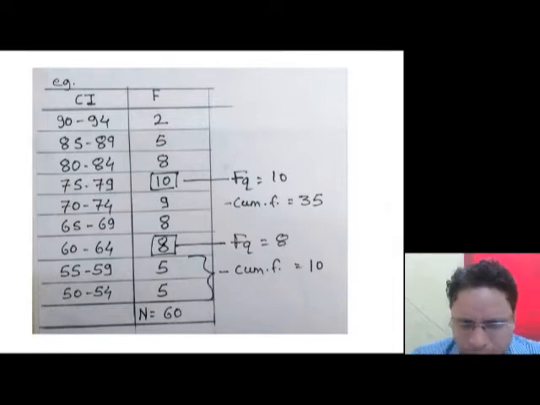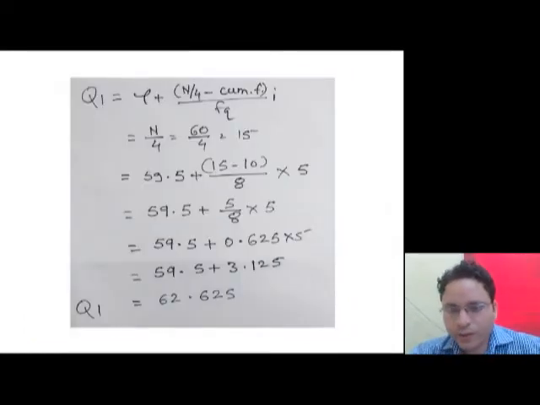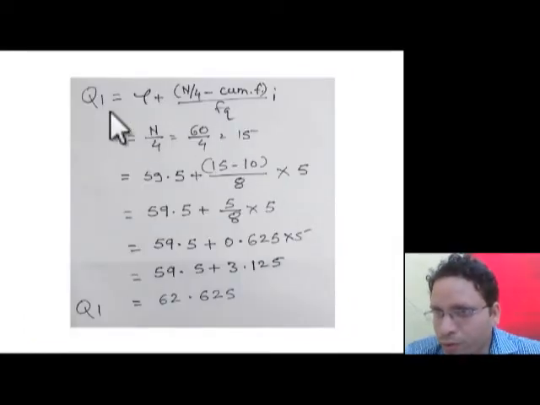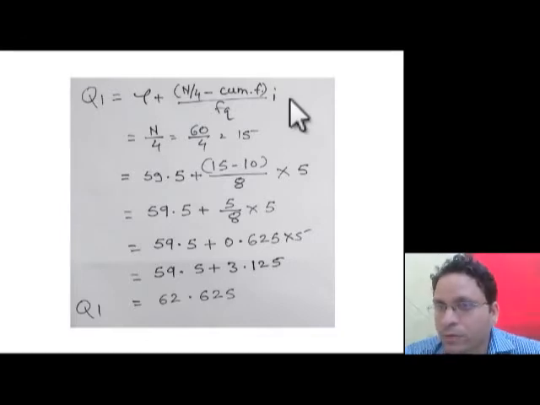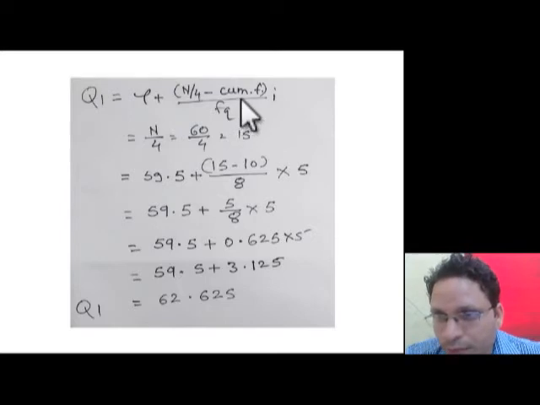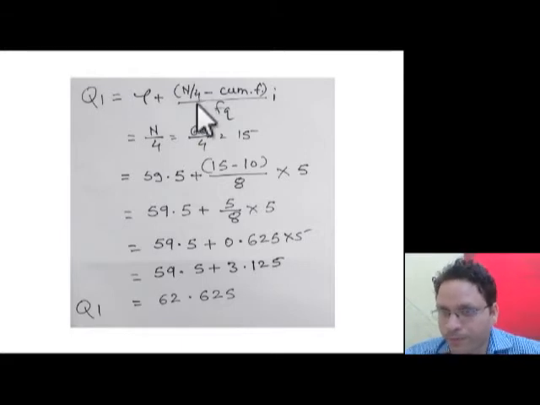First we are going to calculate Q1. Q1's formula was L plus n upon 4 minus cumulative frequency divided by f, times i. To get the values of f, cumulative frequency and L, we first need to calculate n upon 4.